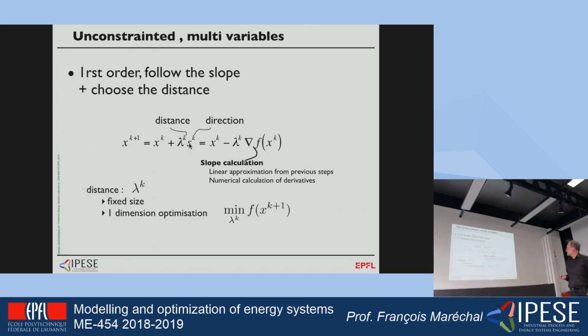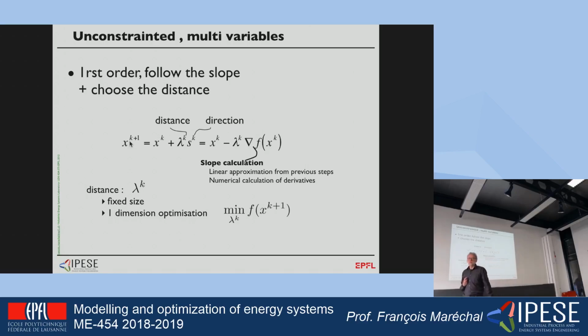I will also have to decide, because the slope is just going to tell me that I'm descending, but I do not know how far I have to go. So I will also have to decide what is the step size that I need to realize. Okay, and this will allow me to calculate the new point in the iteration.